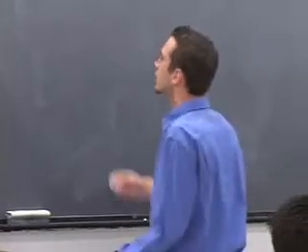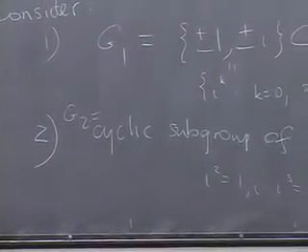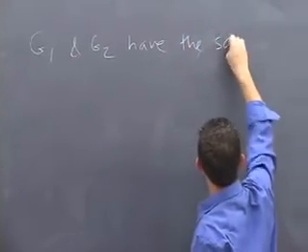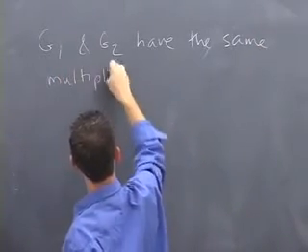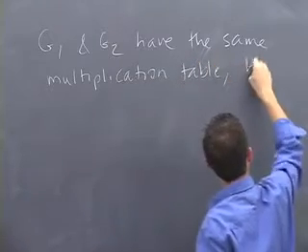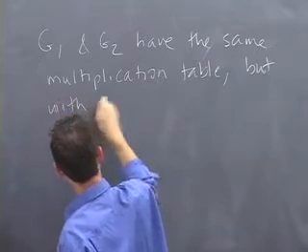So call this thing G2. The idea is that G1 and G2 have the same multiplication table, but with a relabeling.